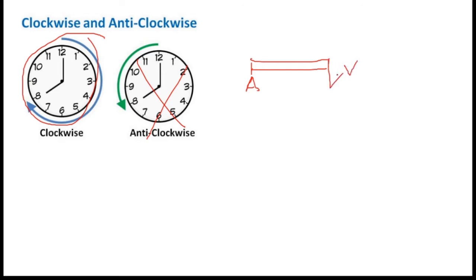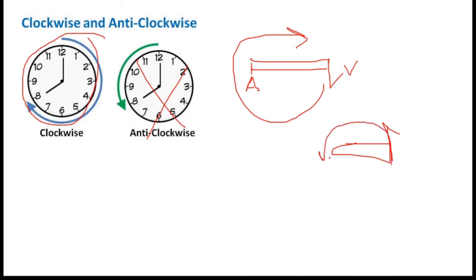The moment due to this force is clockwise. If I mark the force in this direction, the moment due to this force is counterclockwise. So I am not going to consider this direction, I consider the clockwise direction. That's why I marked the shear force in this direction.